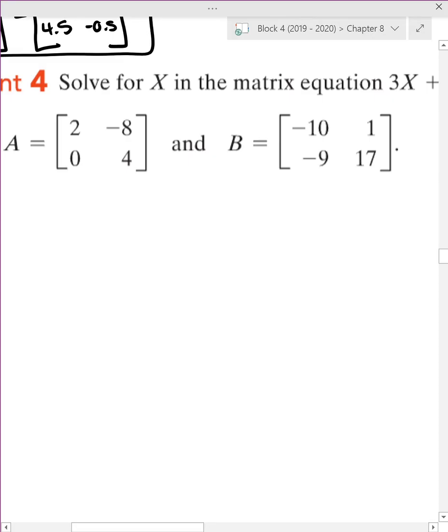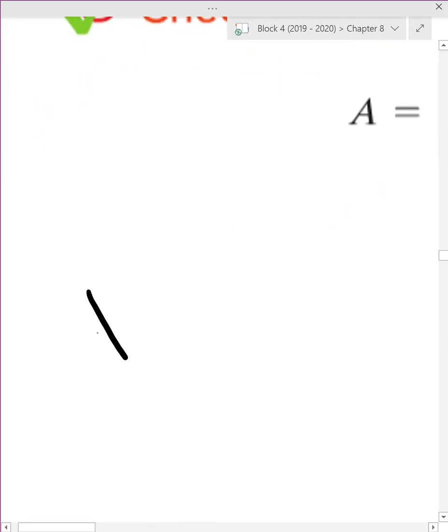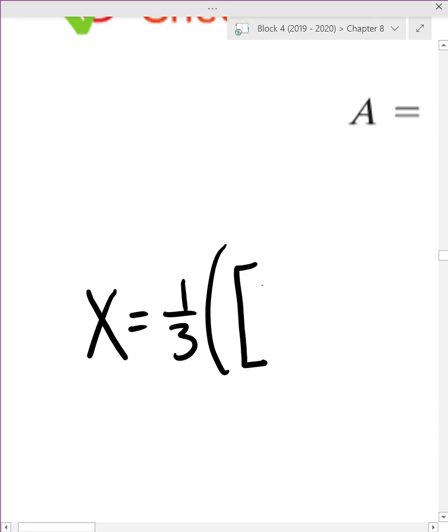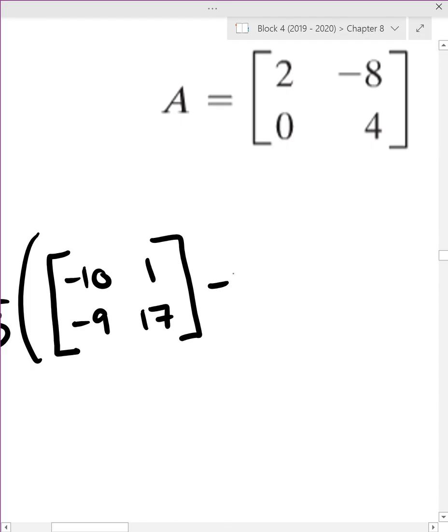So I'm going to rewrite this. X equals 1/3 parentheses. I have my matrix B, which is -10, 1, -9, 17, minus matrix A, which is 2, -8, 0, -4, +4.